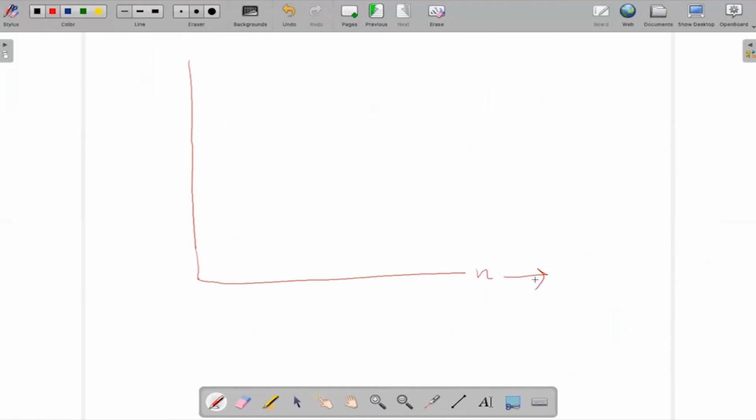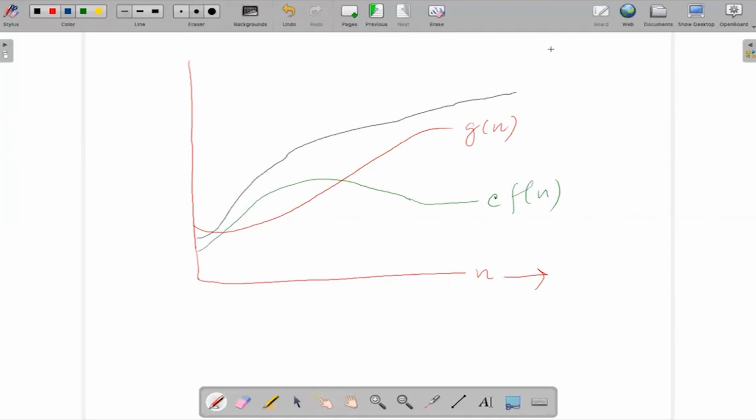Let's say this is our Gn, and let's say this is our Cfn, and let's say this is our D of Fn.